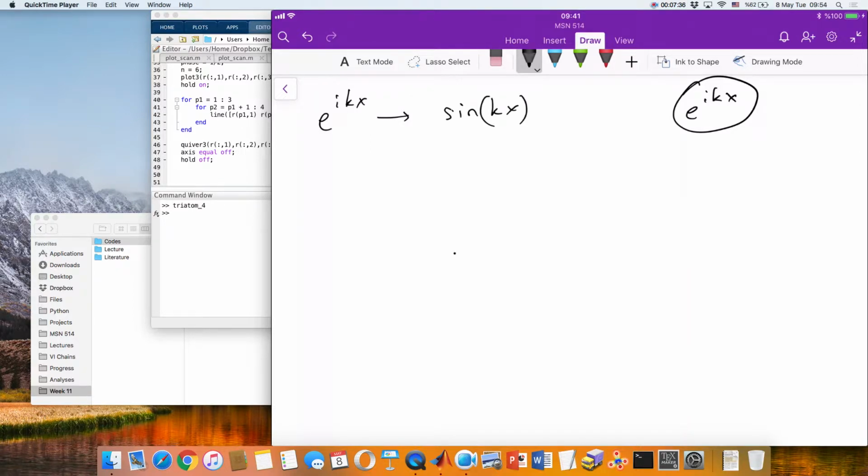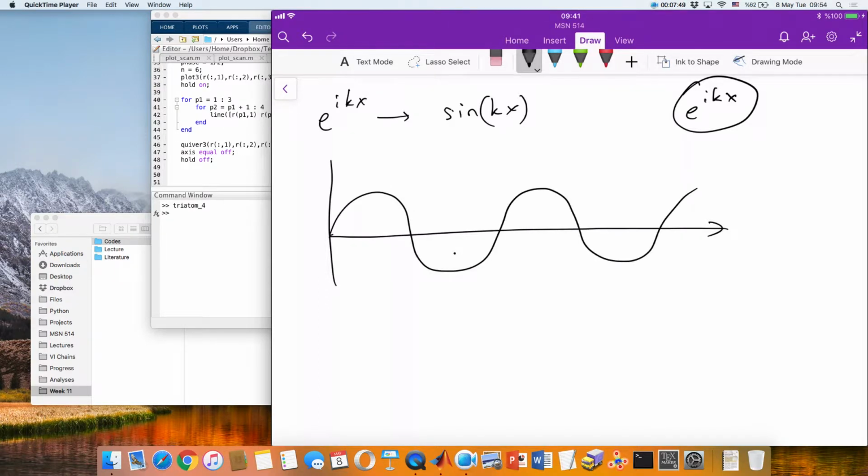So I will try to explain things in terms of sine first. So what is sine kx? It's a wave, right? It's a non-propagating wave. What if I write down sine of kx minus omega t?